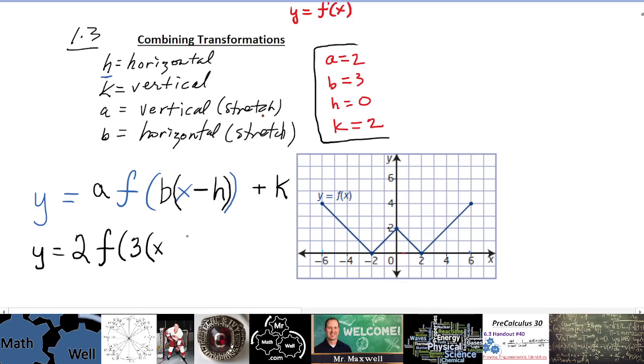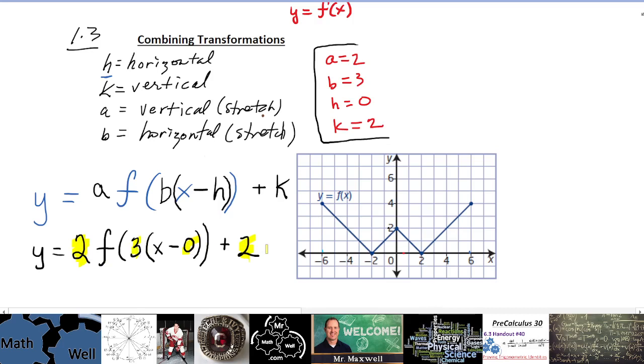The h is 0, so I subtract 0 inside those brackets. Close with the second set of brackets there. And then plus 2 on the outside. So you can see the a, the b, the h, and the k there.